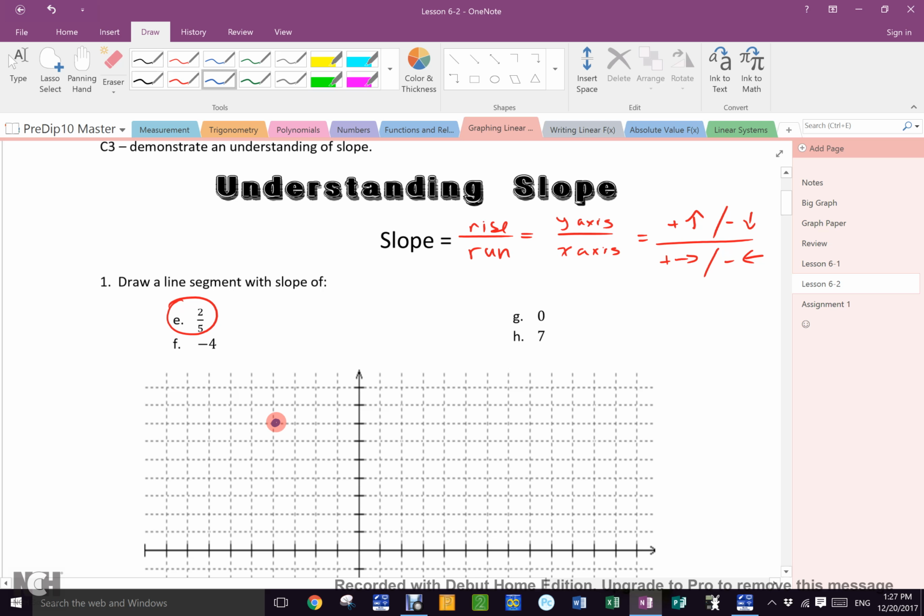From the dot that you made, put another dot that if you connect them, it will make a slope of positive 2/5. You are not allowed to expand the graph.